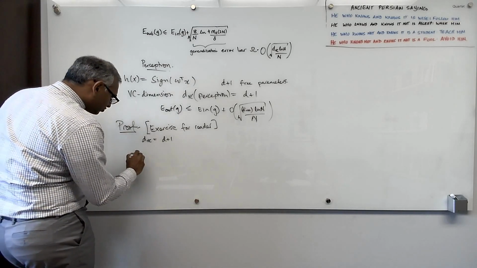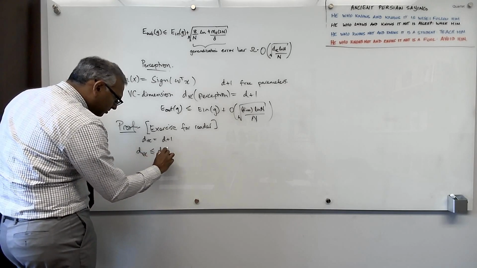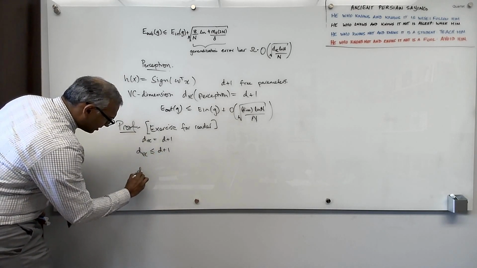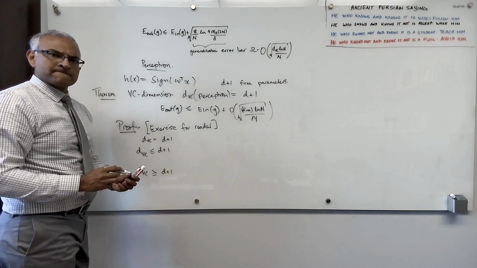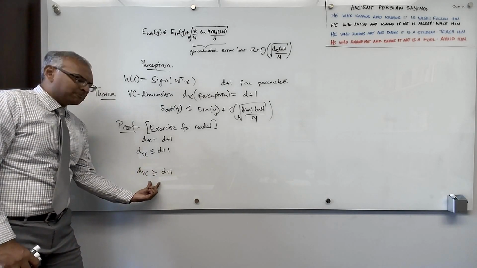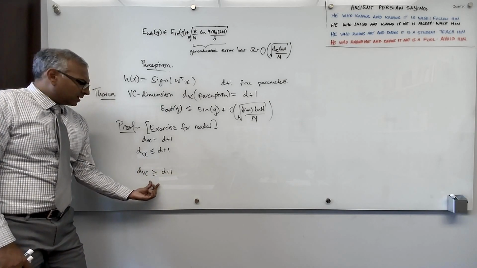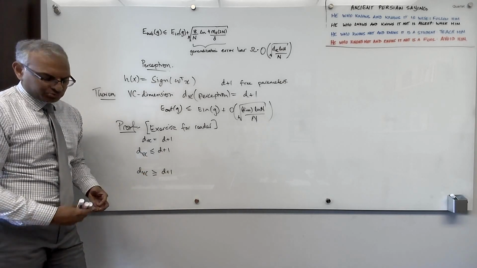The first step is to show that the VC dimension is at most d plus 1, and then to show that it is at least d plus 1. If you can show both, then basic math, it has to be equal to d plus 1.